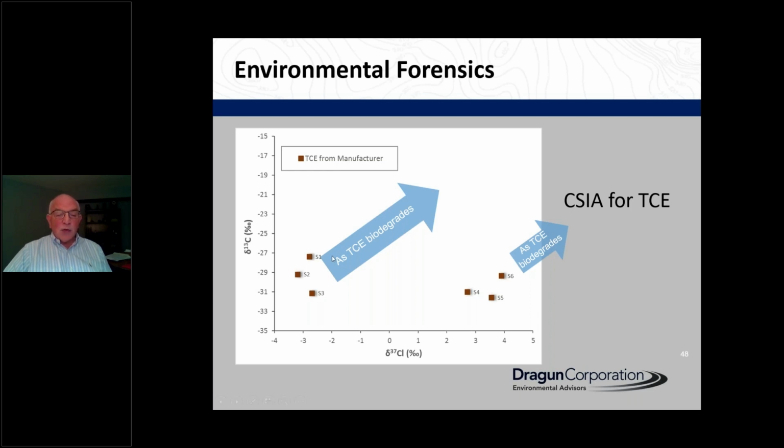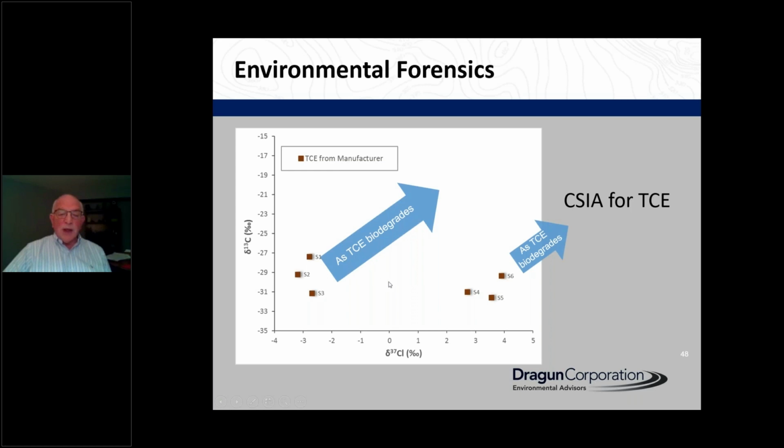So there's a trend that you'd expect in the groundwater flow direction, regardless whether your source is here or here, that would go up and to the right. So that would allow us to determine if the sources were the same for both hotspots.